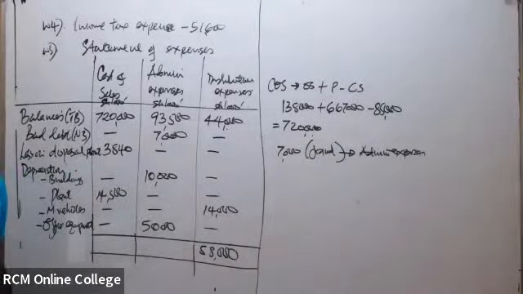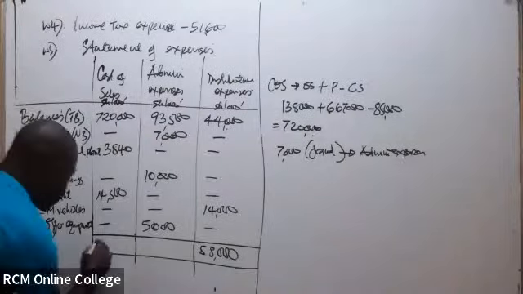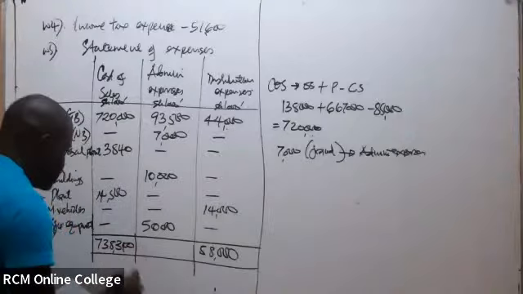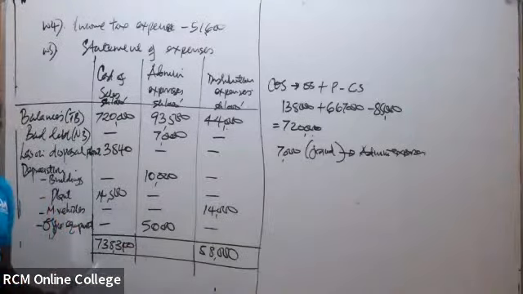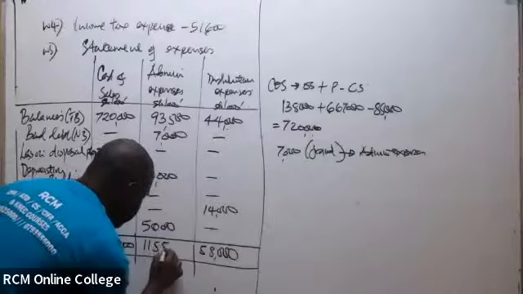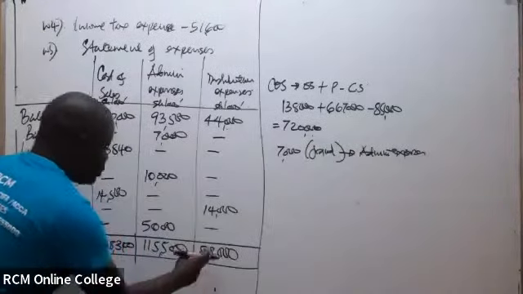Cost of sales is 738,340. What about admin? Admin is 115,500.